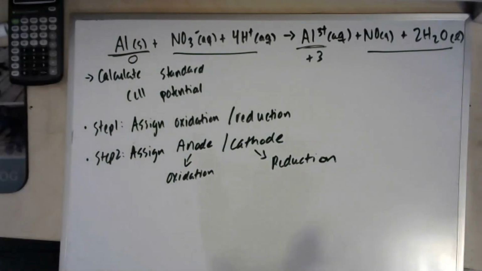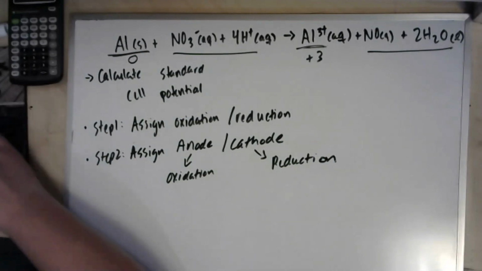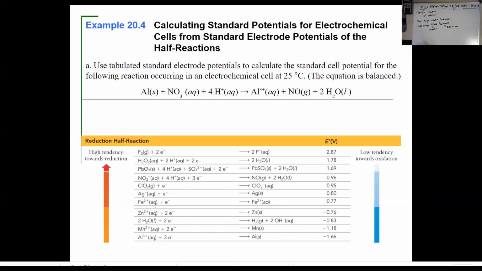Now in that table that we were given, we have the reduction potential values. Let's bring up that table again. Give you guys a chance to see it. And what I recommend doing is writing down the reduction potentials of each of these reactions exactly as they're written in the table. Okay, without changing signs or anything like that.